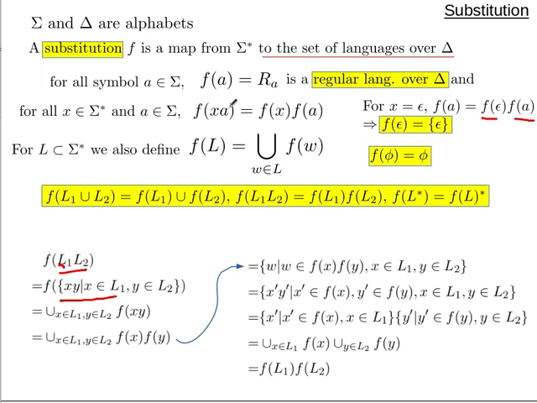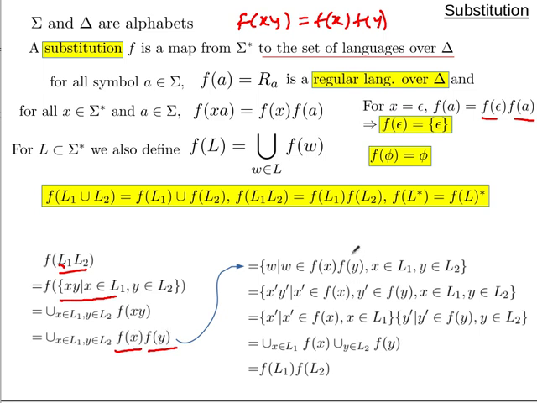So it's not about just one string and one symbol. So this implies that f of xy is f of x, f of y, right? So it follows from that. And then these are languages, right? Again, this is a language, this is a language. So concatenation of these two languages, how do you do that?